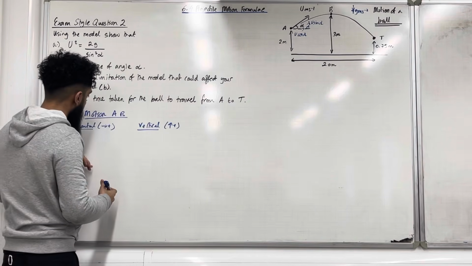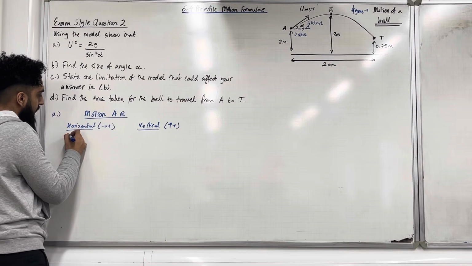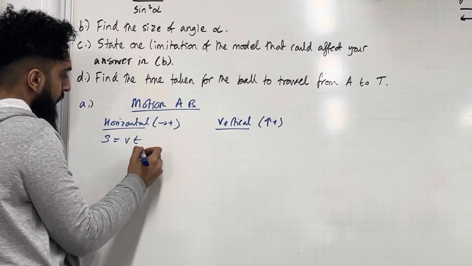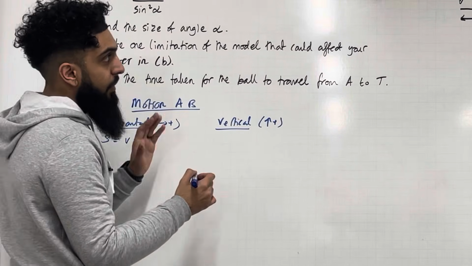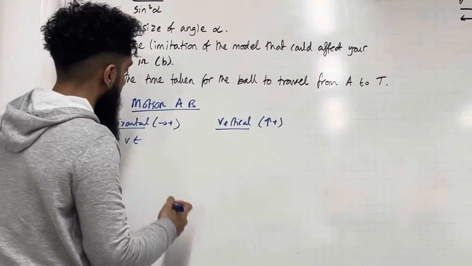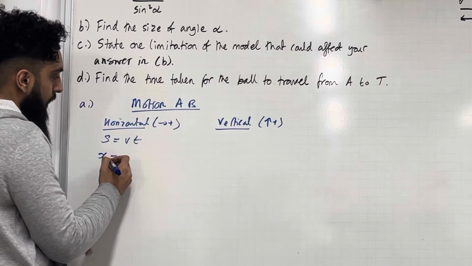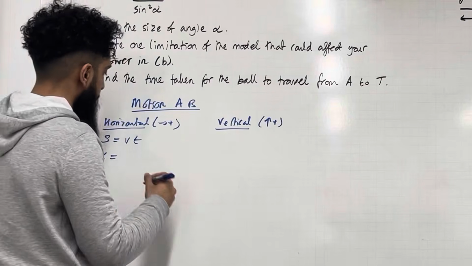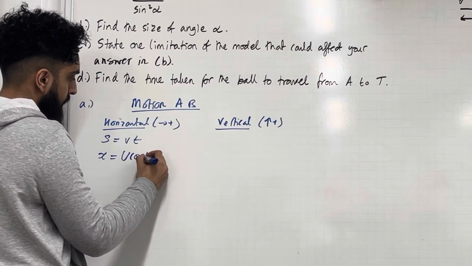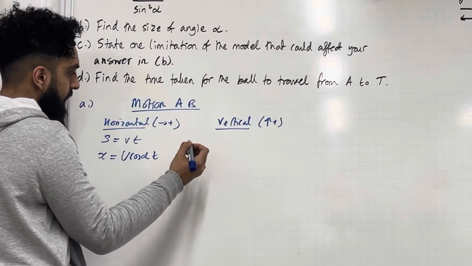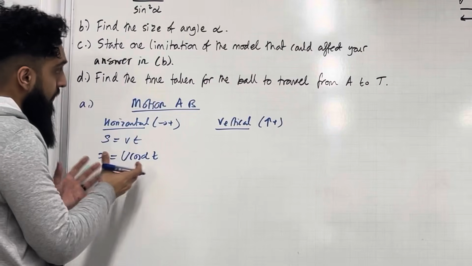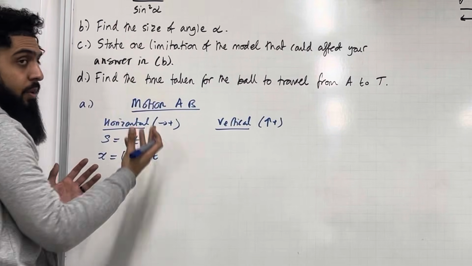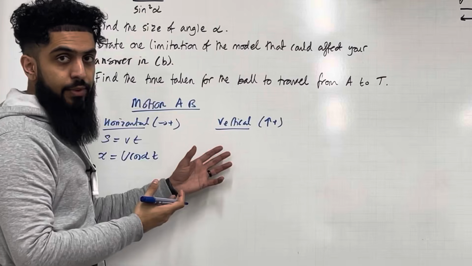Okay, so first of all, with the horizontal, we have s equal vt. The horizontal displacement from A to B, we don't know what that is, we can just call it x. The horizontal initial velocity from A to B is u cos alpha, and the time is t. Okay, so that there doesn't really help us derive this particular formula. So let's move on to the vertical.